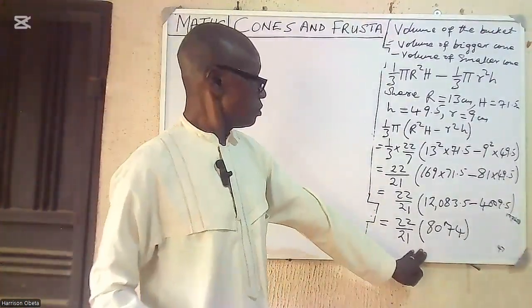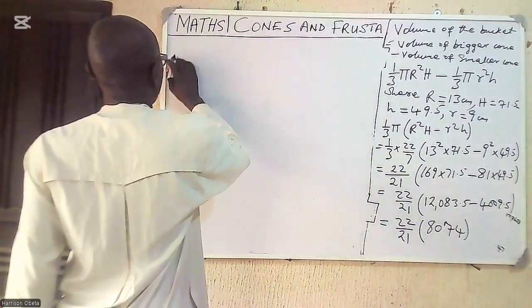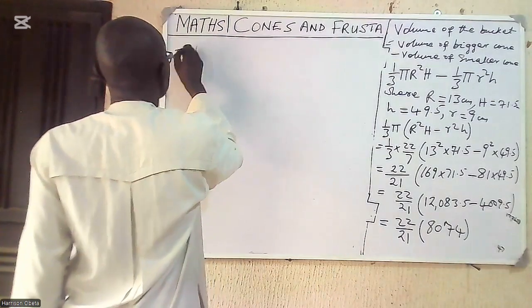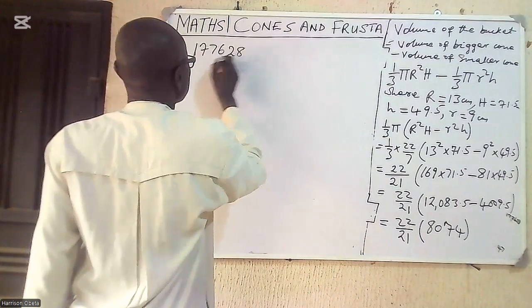From here, we now carry out the multiplication and division, and you will have 177,628.